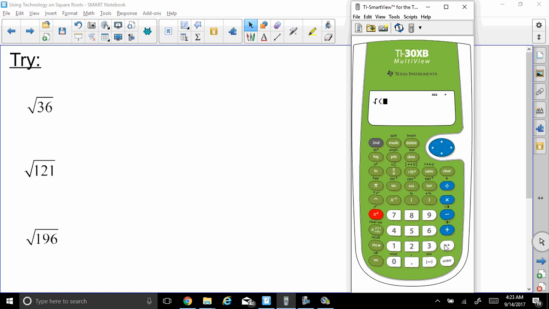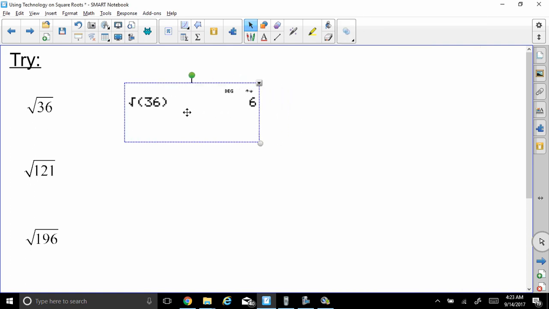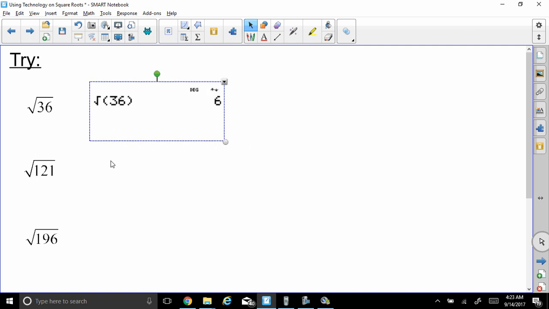Now we can type our number, 36, close the parenthesis, and all we have to do is press enter. That gives us the answer of 6. So the square root of 36 is 6. Why? Because 6 times 6 is 36.